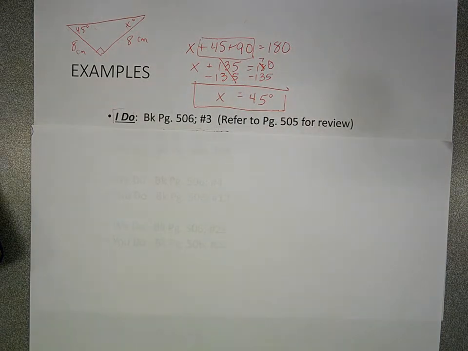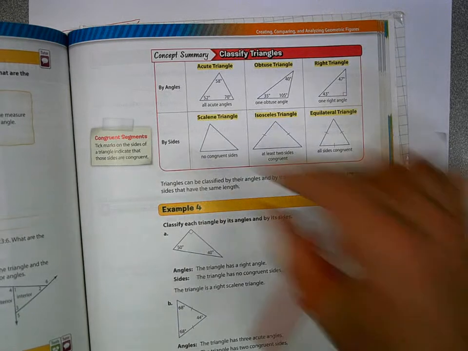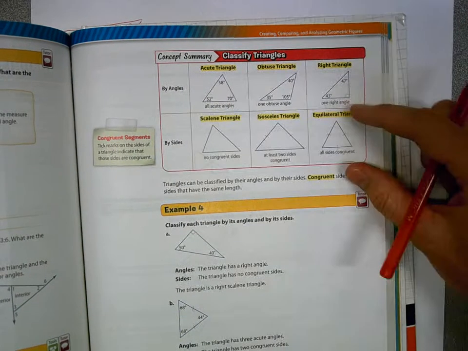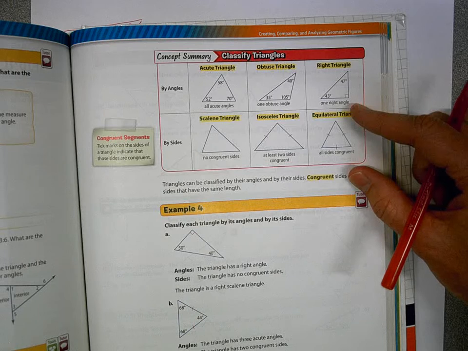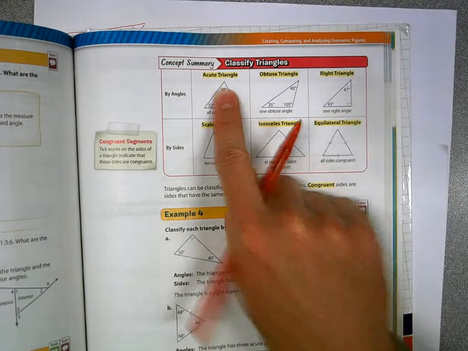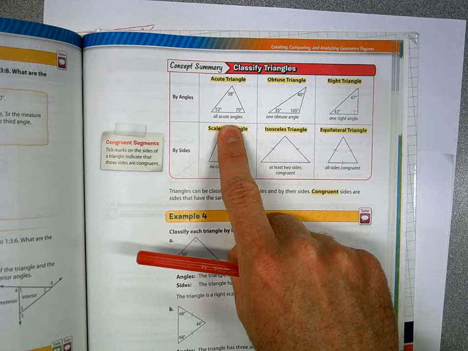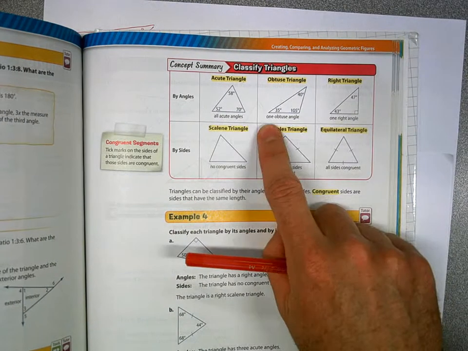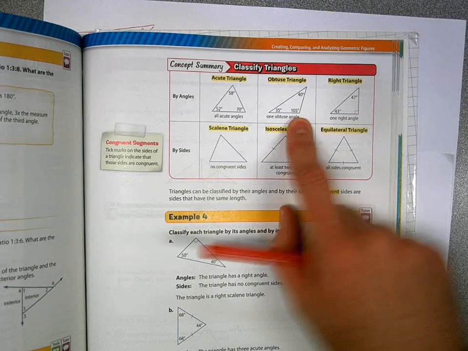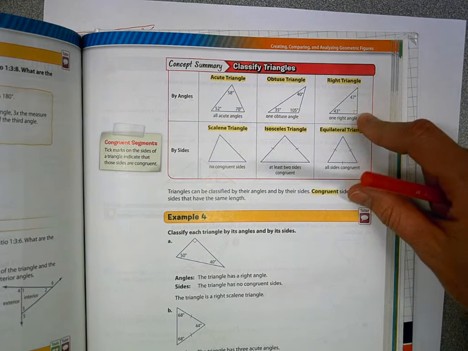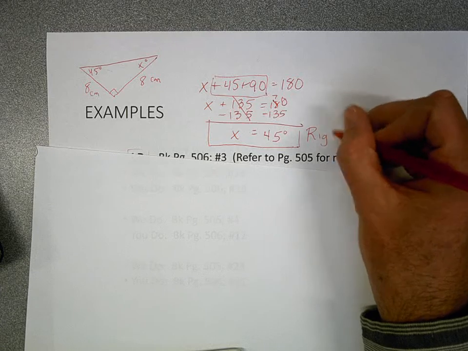Then it says classify each triangle by its angles and by its sides. On page 505, they want us to classify it by its angles, this row here, and by its sides. So we're going to give it 2 names. By its angles, remember from elementary school, acute triangles mean all interior angles are acute. An obtuse triangle means you have one obtuse interior angle, and a right triangle means you have one right interior angle. It has a right angle, so this is a right.